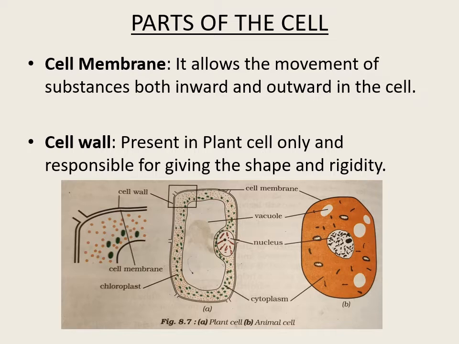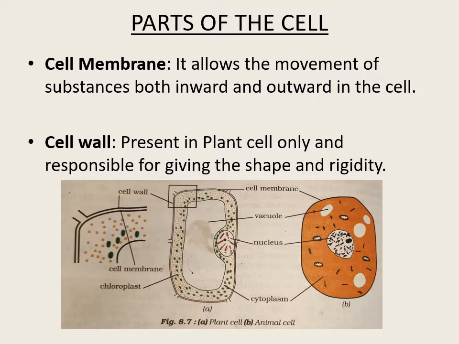Next is the cell wall. The cell wall is present in the plant cell, and it is responsible for giving rigidity and shape to plants. That's why the animal cell doesn't have a cell wall, and that's why our shape is not rigid. You can stretch the skin, it is stretchable.